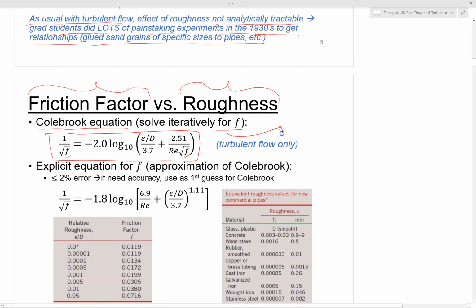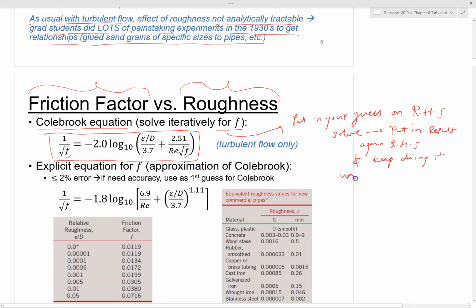For such an equation, what you do is you put in your guess on the right hand side and solve, put the result again on the right hand side, and keep doing it iteratively until there is a convergence.